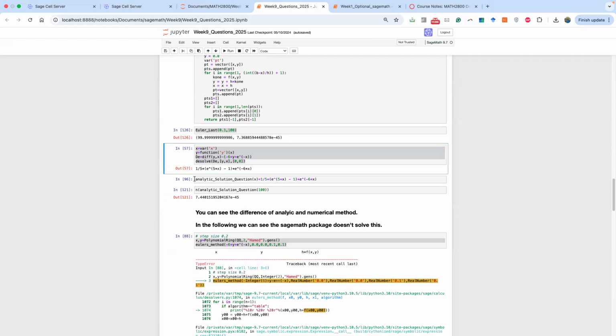And the analytic solution, we can define it here, copy this guy and put it here, and then use the analytic solution to understand this guy. At 100 it will be 7.44, and this will be 7.36.